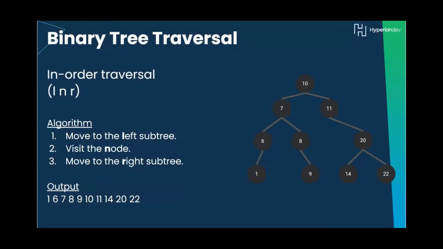A cool thing to note about this is that the output of this particular tree, we're actually getting all the numbers in order, and that's only possible due to the type of binary tree that we have here. This tree that you see is actually an example of a binary search tree, which I'll explain after I go through these traversals.